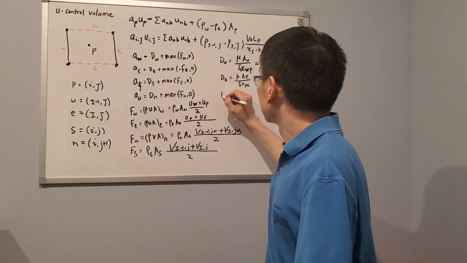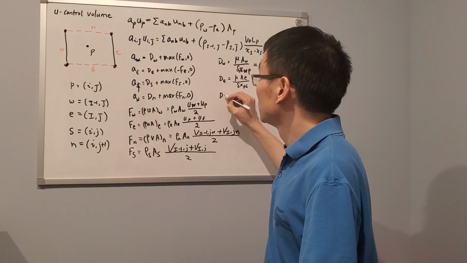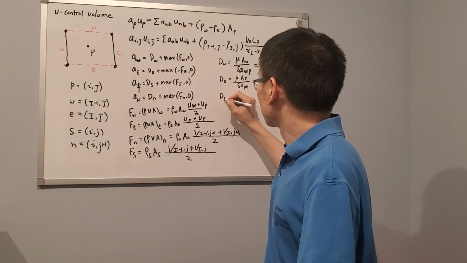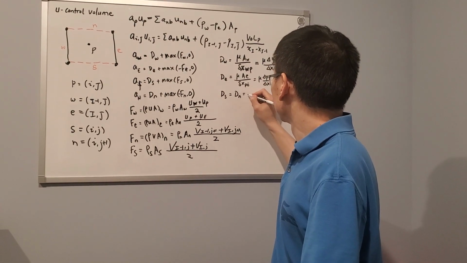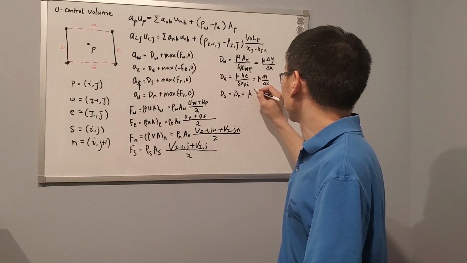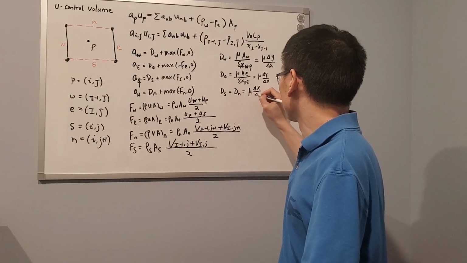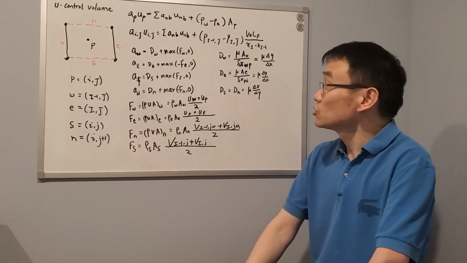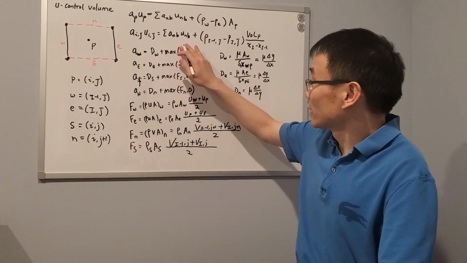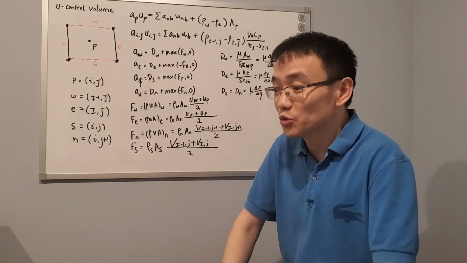Okay, so dS and dN can be computed like this if we have a uniform grid, mu delta x over delta y. So now all D and F terms are computed.